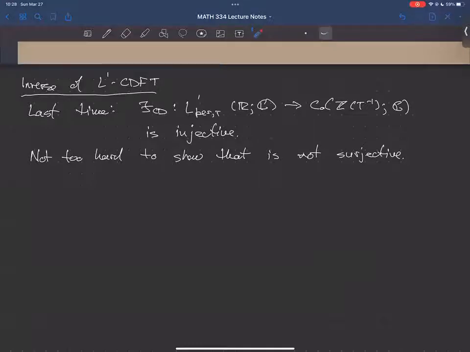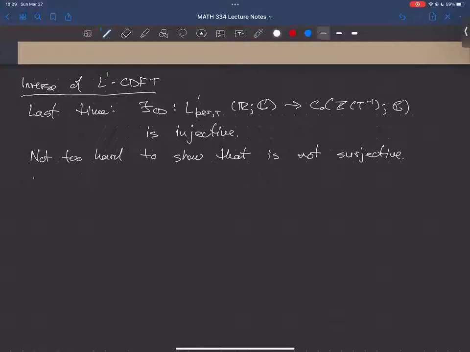But neither way am I going to talk about. One reason I don't want to dwell on it is that the surjectivity of this mapping is not so important. It's the injectivity that we really care about.